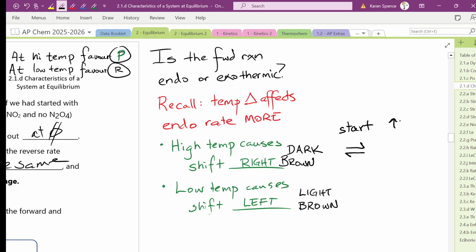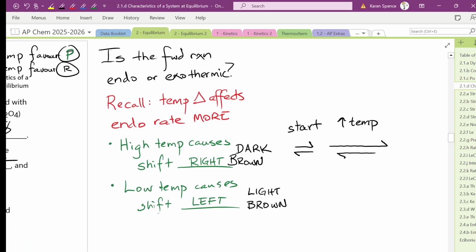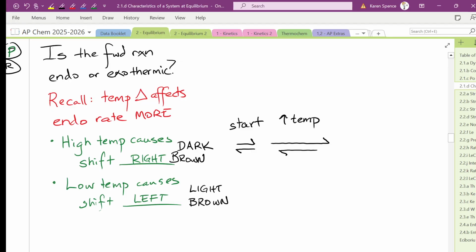And then we increase the temperature, and both rates increase, but the forward rate increases more than the reverse rate, and that's going to give us our shift.